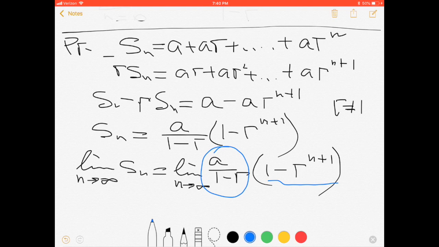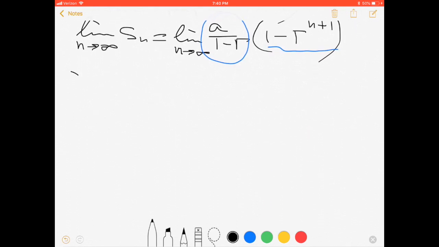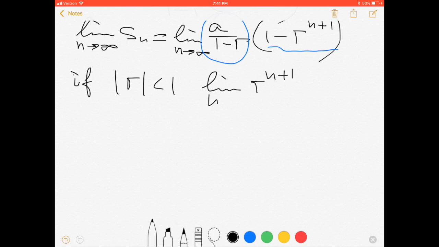If the absolute value of r is less than 1, then the limit of r to the n plus 1 power as n approaches infinity will be 0.